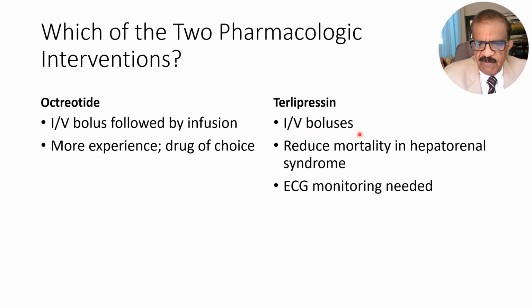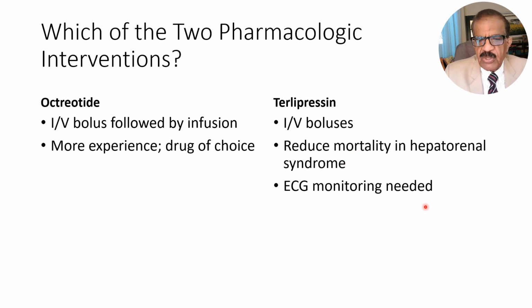You give an intravenous bolus, and one study has shown that it reduces mortality in hepatorenal syndrome, whereas octreotide has not demonstrated this. But how much importance will I give to this? I'm not sure because this is not a common complication.